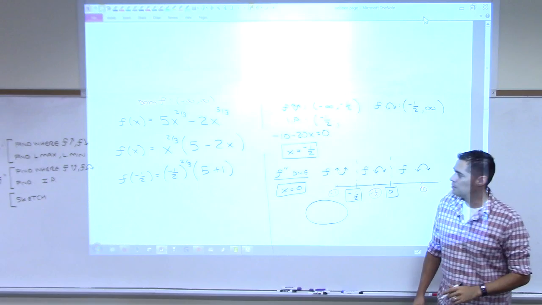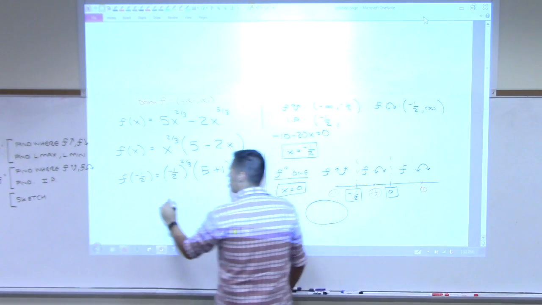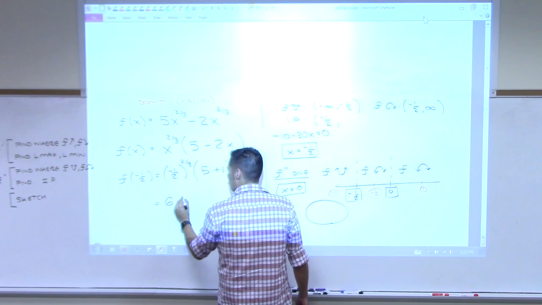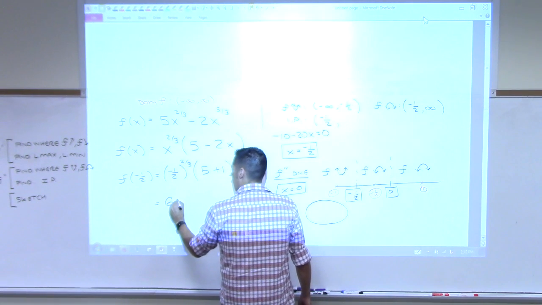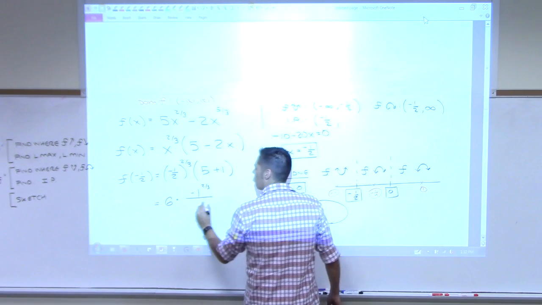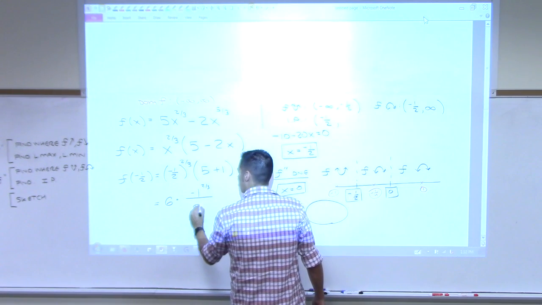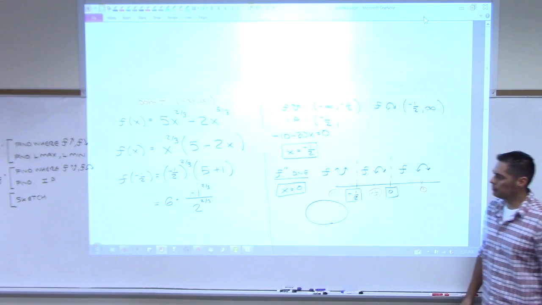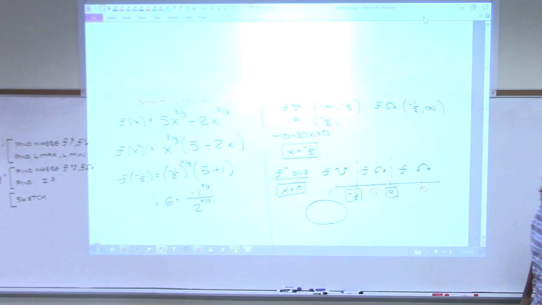That's a 6. So I have 6, I'll put the 6 in front, and then I have, let's do it this way, times -1 to the 2/3 over 2 to the 2/3. Is it okay if I do that? Splitting up the fraction into two things.